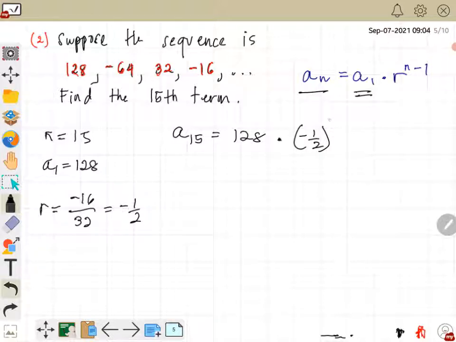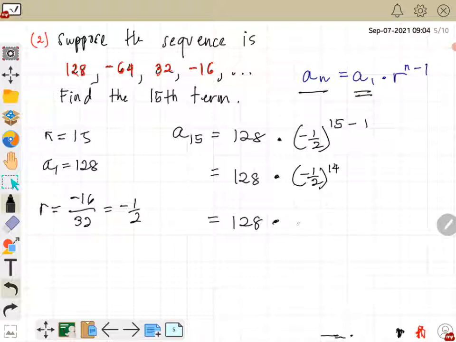We are looking for our 15th term, so the exponent is 14. So we have 128 times negative 1/2 raised to 14. Just to show it completely, this becomes negative 1 raised to 14 over 2 raised to 14.